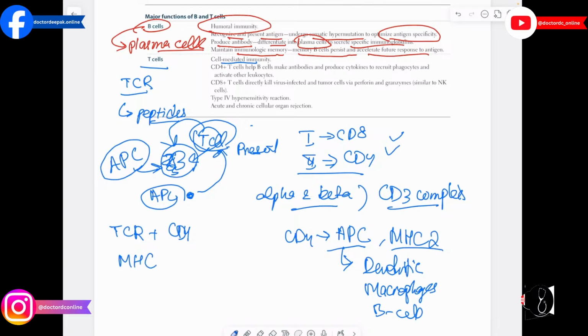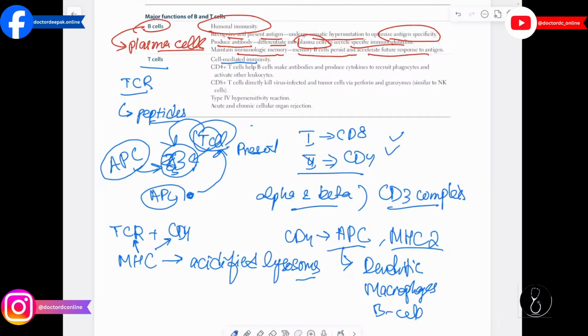The MHC-2 is going to bind with the TCR or CD4, and they merge in acidified lysosomes. The peptide fragments in the lysosome are released from the invariant chain, and the antigen binds to MHC-2 on the surface.